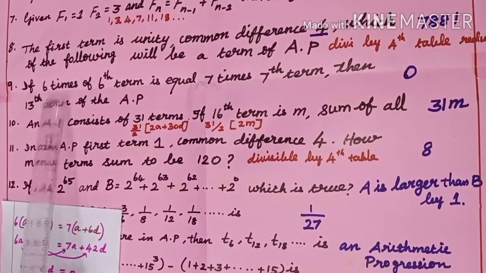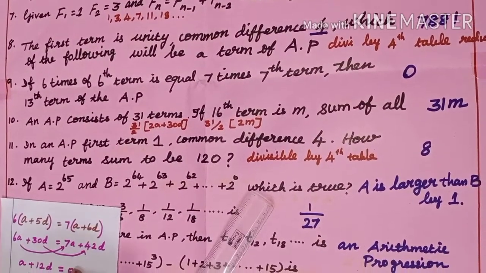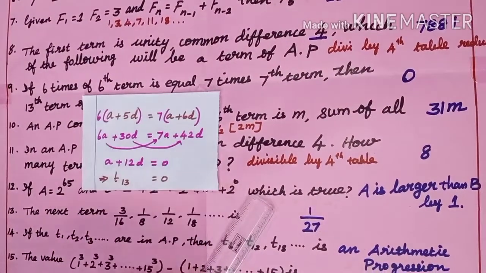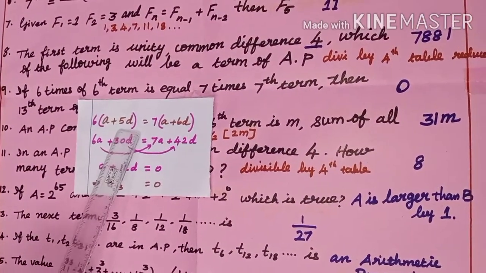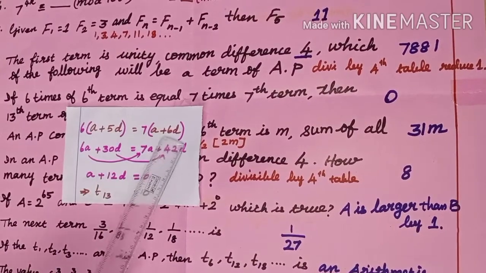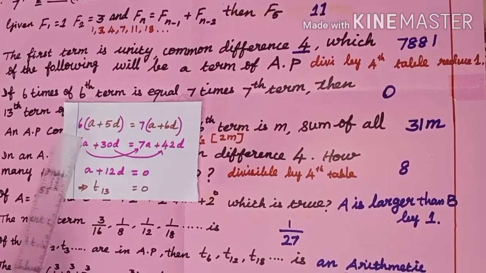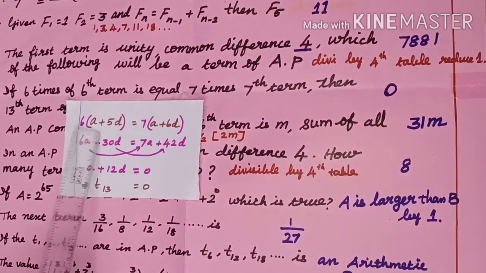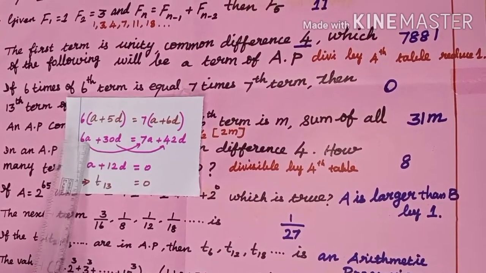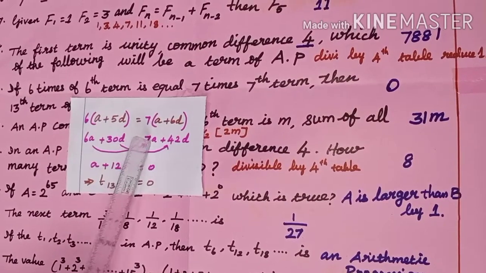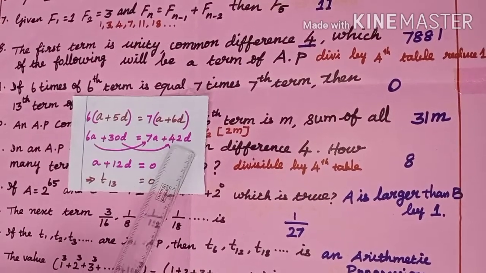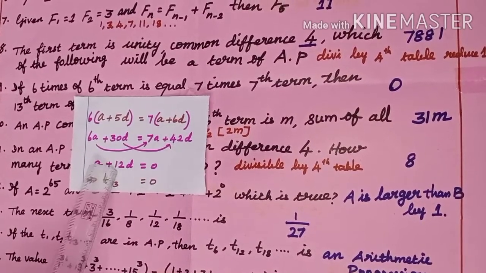Ninth one, 6 times the 6th term is equal to 7 times the 7th term. Then find the 13th term. The 6th term is a plus 5d. The 7th term is a plus 6d. Multiplying 6 and 7 respectively and equating, 6a goes to this side, you get 1a only, and reducing 30d from 42d you get 12d.